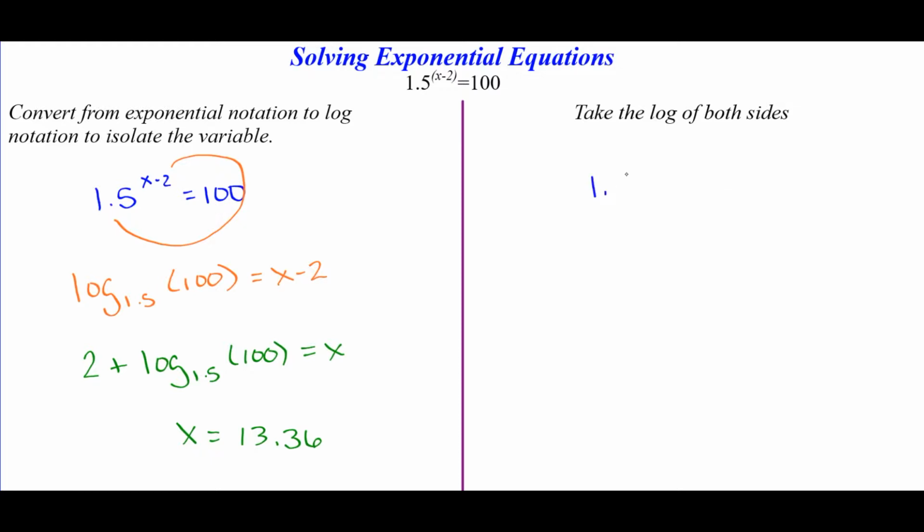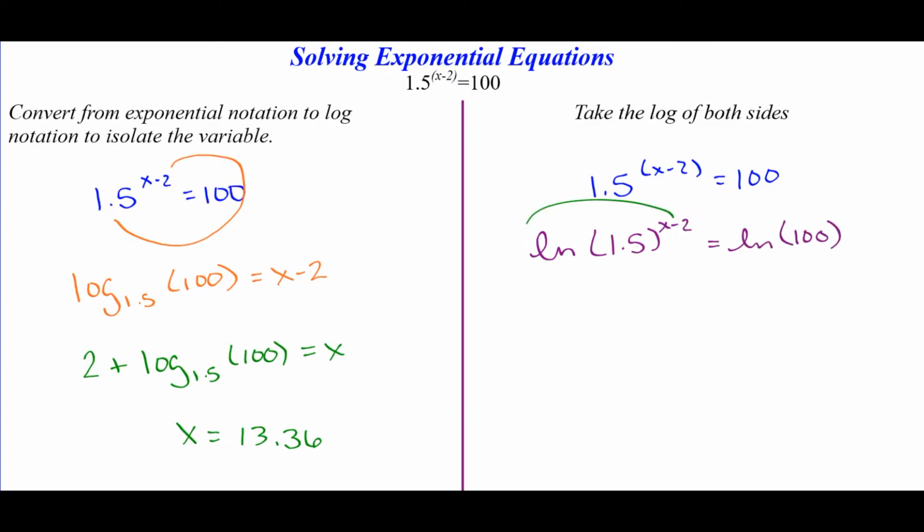Using our second method, we've got 1.5 to the x minus 2 equals 100 again. We can take the log of both sides. Here I'm going to use natural log just to show you that either one is possible. So we're going to do natural log of 1.5 to the x minus 2 equals natural log of 100. Using my power rule, I'm going to move the x minus 2 to the front. I'm going to put it in parentheses just so we remember that that is an expression that needs to be kept together. And then we have (x minus 2) times natural log 1.5 equals natural log 100.